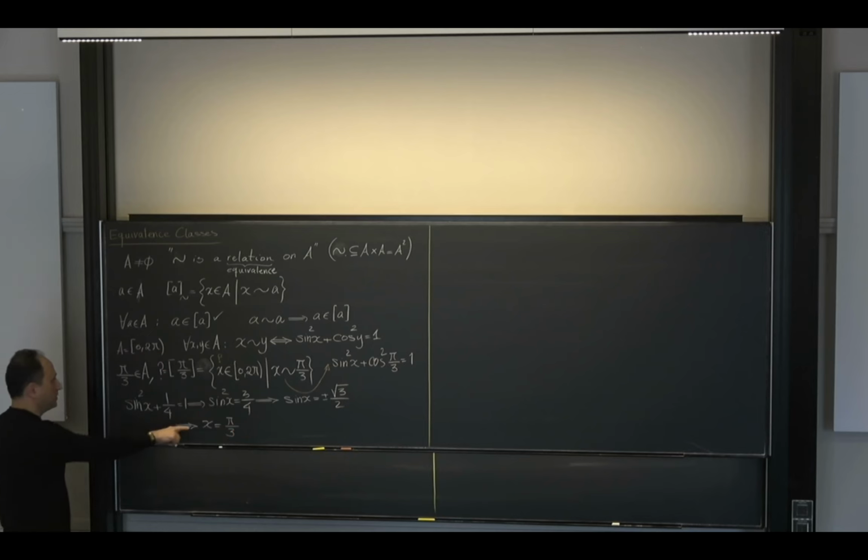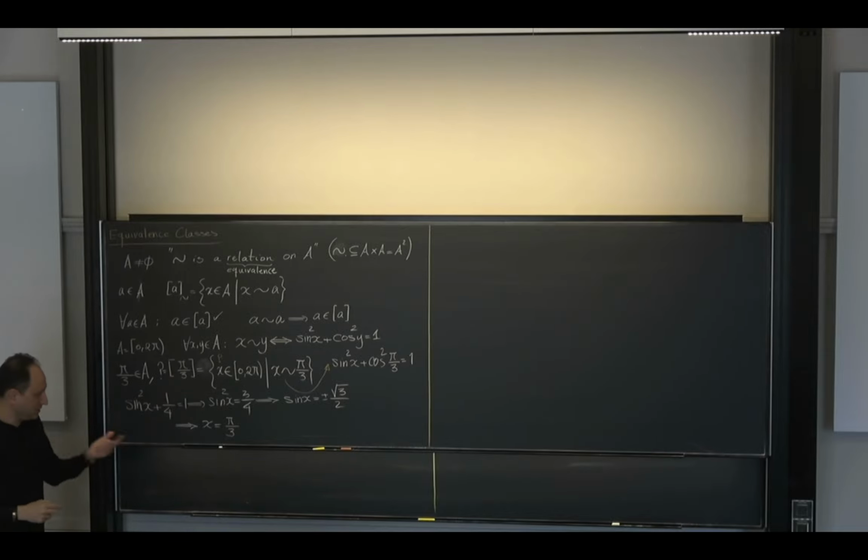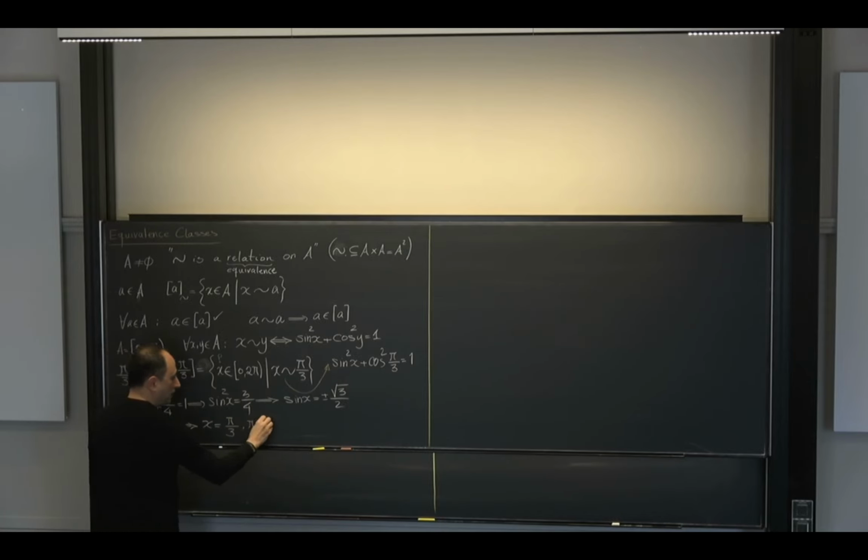This is not surprising, because I told you that at least the element itself is within its own equivalence class. You could immediately understand that is going to happen. But do you remember what is the other one for sine? The other one is pi minus pi over 3, 120 degrees, which is 2 pi over 3.